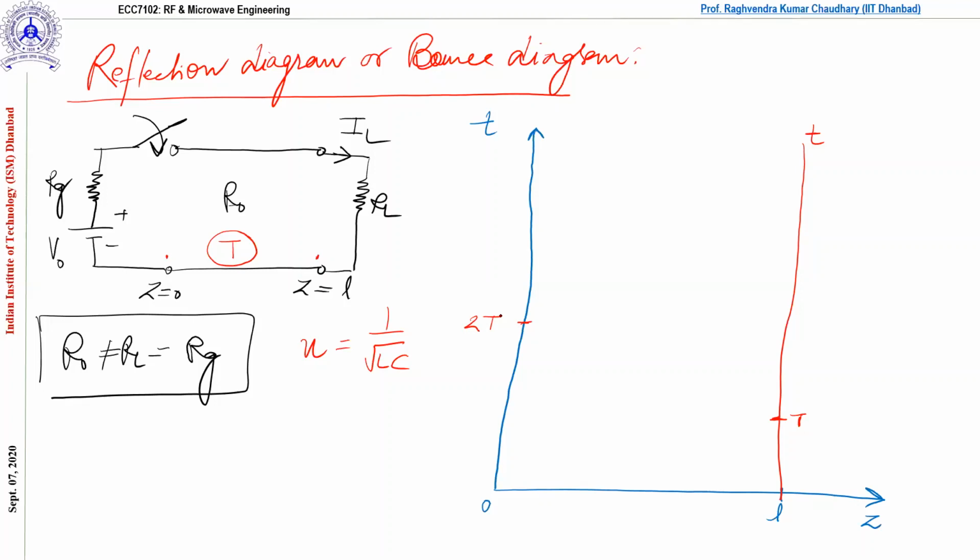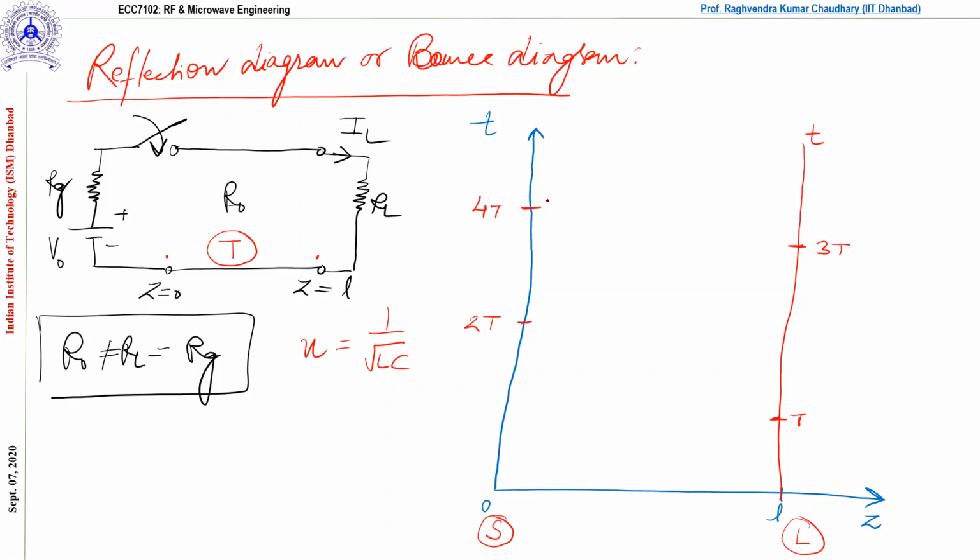Then you can understand that this particular side is the source side and this is the load side. And this is 3T. This is 4T. And so on, it keeps going on.